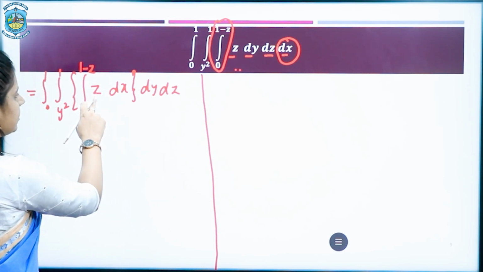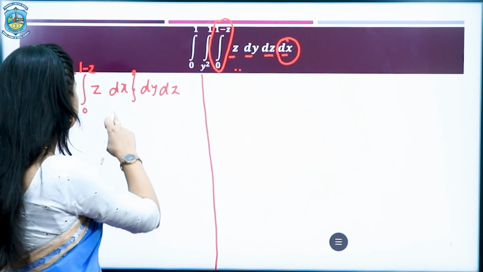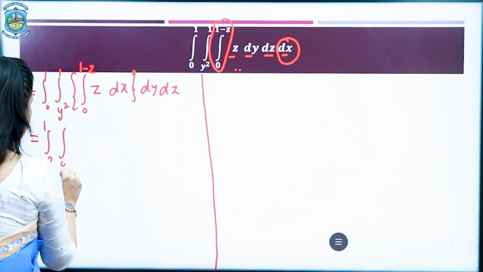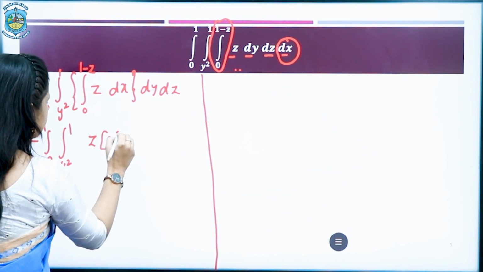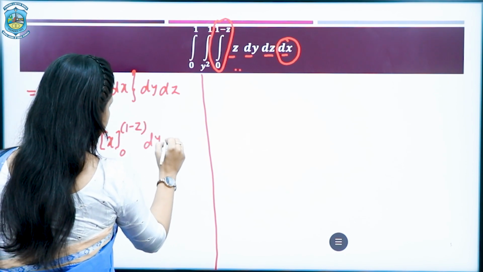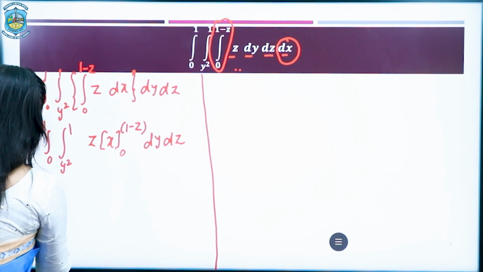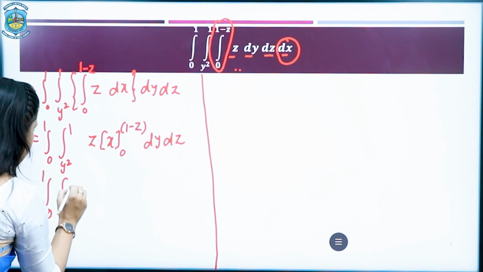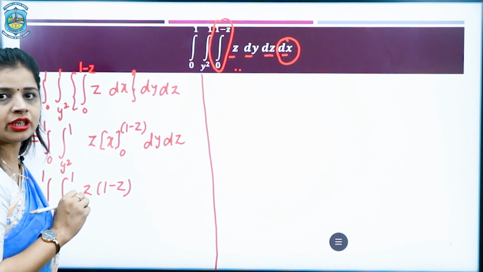Now when we integrate z with respect to x, z is treated like a constant, so we will get only x. So 0 to 1, y square to 1, z times x, limits are 0 to 1 minus z, integration with respect to y, with respect to z. Now when we apply the limits, this would be 0 to 1, y square to 1, z times 1 minus z, upper limit.